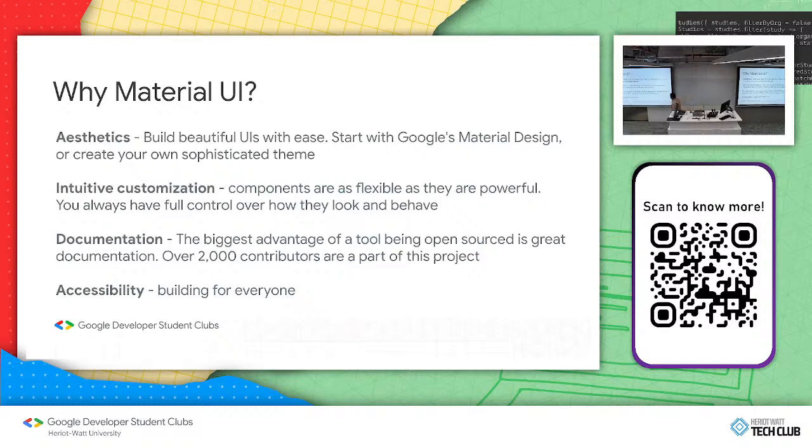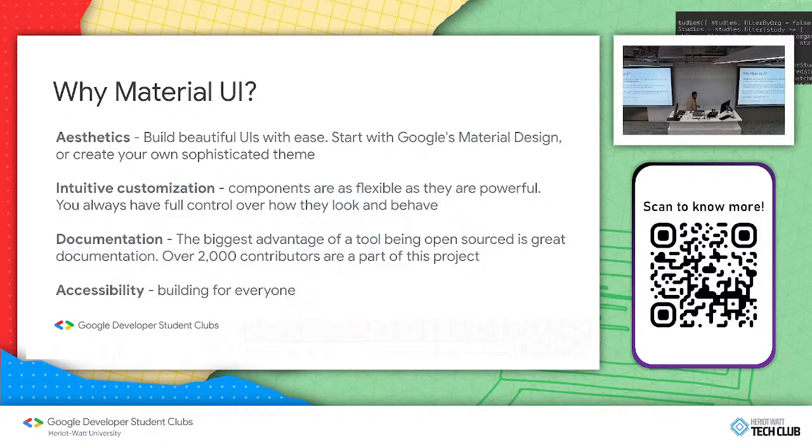It follows Google's material design, so it is intuitive to the users how the flow of the website is or how the interaction should go. The customization part is also very important. It is very easy to customize whatever components Material UI provides you with.